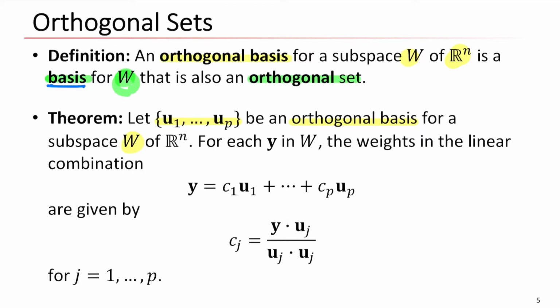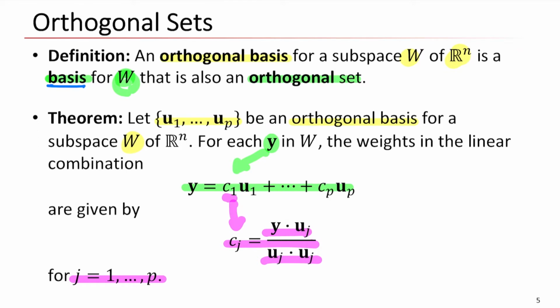For each Y in W, the weights in the linear combination, because U1 through UP is an orthogonal basis, so we can represent this vector Y as a linear combination of this orthogonal basis, right? Something like this. Then in here, this weight can be represented something like this. Okay, so for j equal to 1 through P.